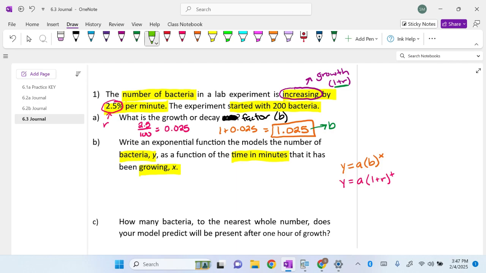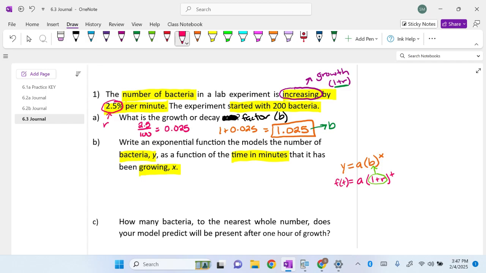The only difference is that the 1 plus r is replacing that b value. You just have to do one extra step to find the b value.